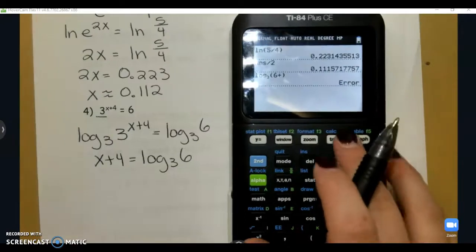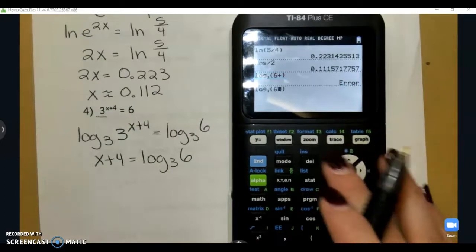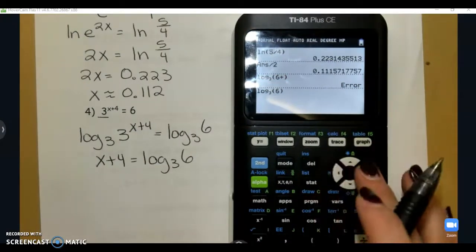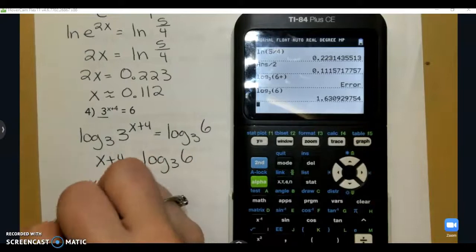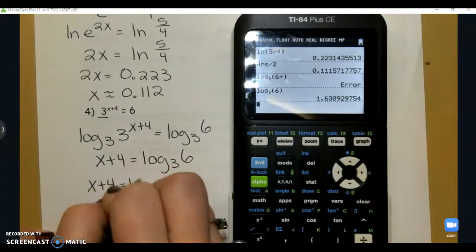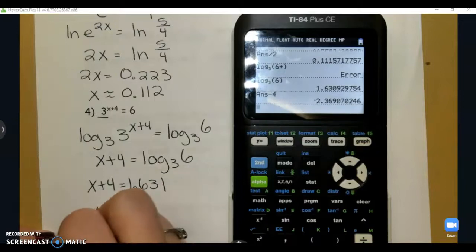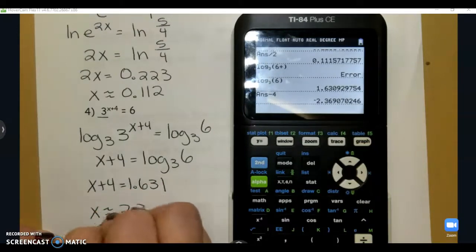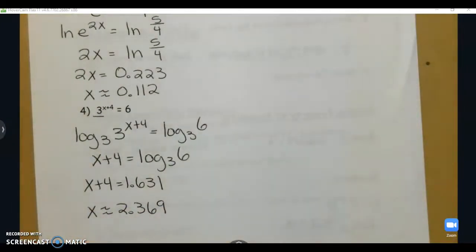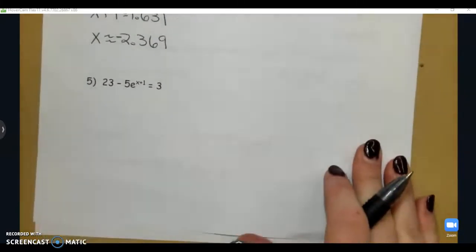Hold on, I didn't mean to put that plus sign there. All right. So x plus 4 is 1.631. And if I subtract 4 from that, I find that x is approximately 2.369. Sorry, negative 2.369.